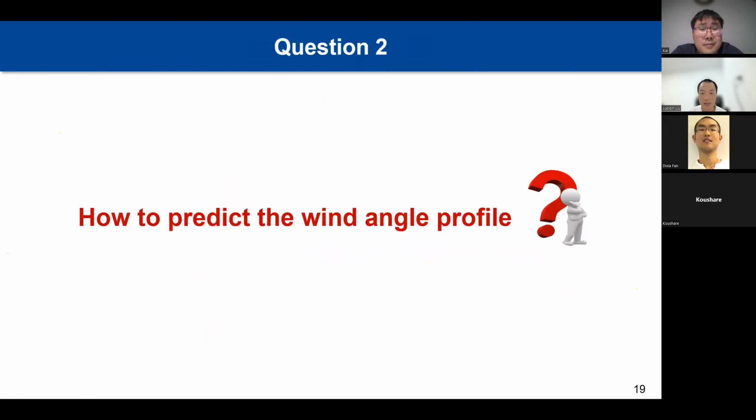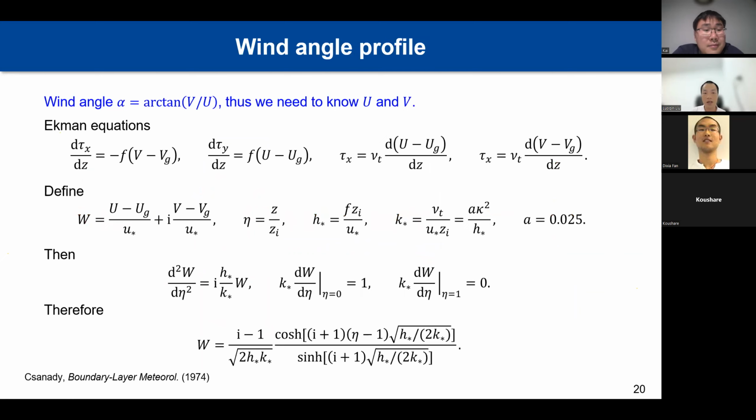So our last question is, how can we predict the wind angle? The wind angle is the arctangent of V over U. So to determine alpha, we need to know the profiles of U and V, not only the wind speed.